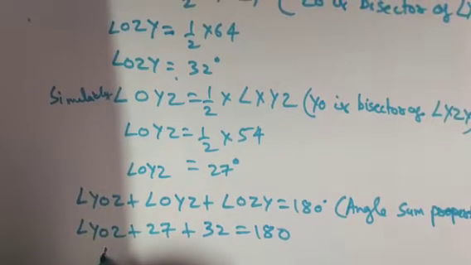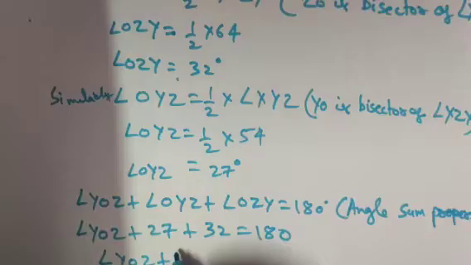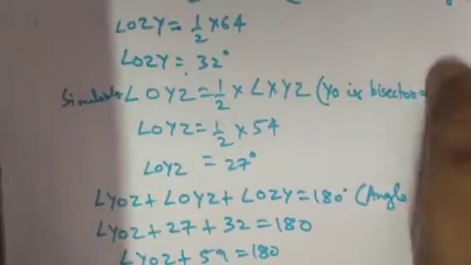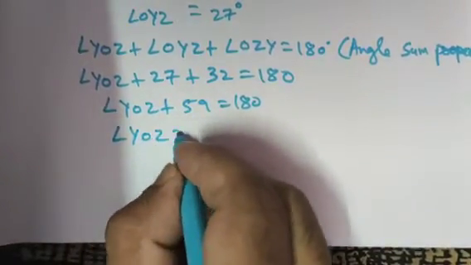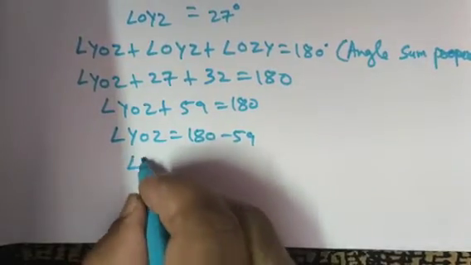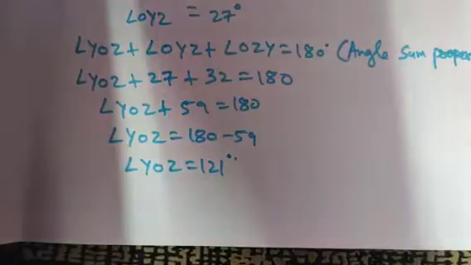So angle YOZ plus 59 equals 180. So angle YOZ equals 180 minus 59. Angle YOZ equals 121 degrees.